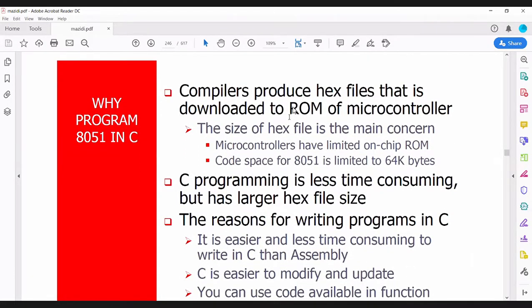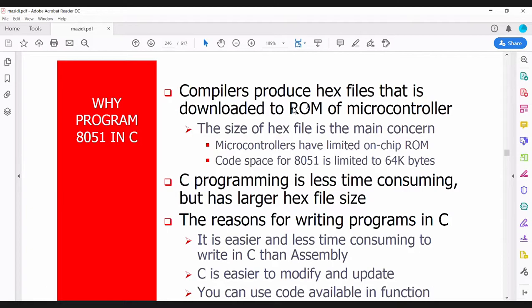See, compilers produce hex files that are downloaded to the ROM of the microcontroller. We know this, right? The size of the hex file is the main concern. Microcontrollers have limited on-chip ROM. Code space for 8051 is limited to 64 kilobytes. C programming is less time consuming, which is one of the reasons why C is preferable.